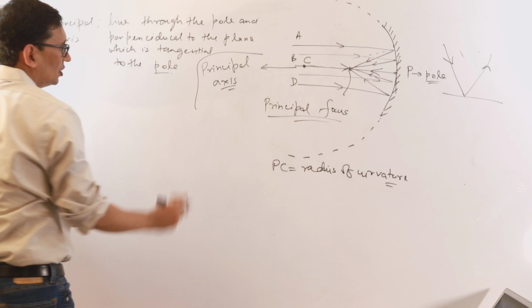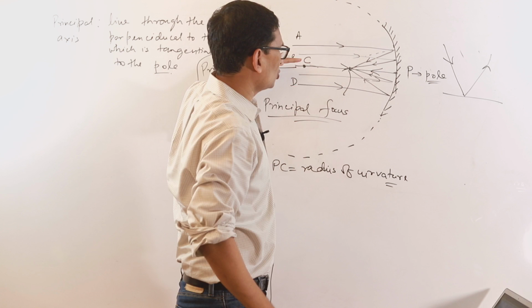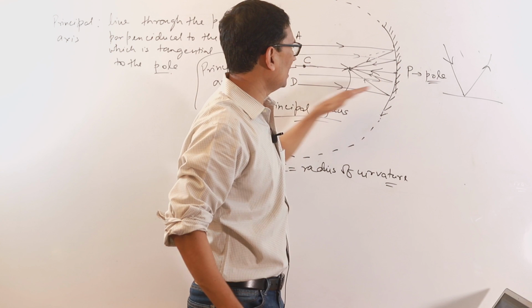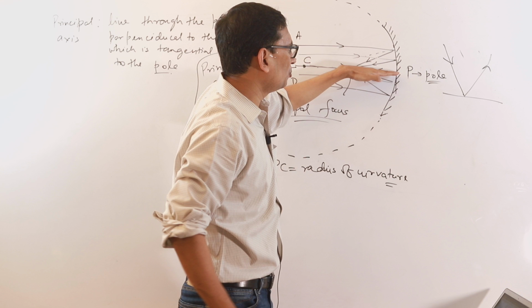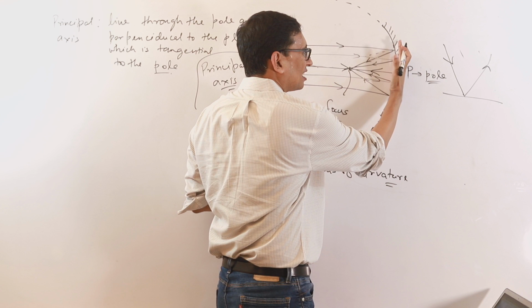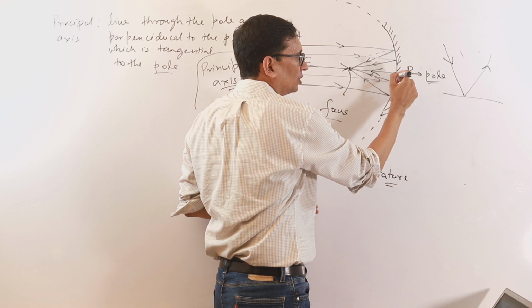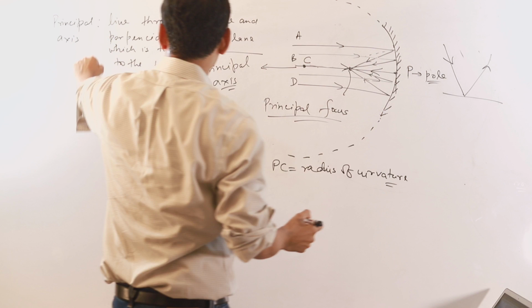Here through this pole this is one ray, I can have many lines going through this, right? So the line which goes to the pole and is perpendicular to the surface at this point, perpendicular to the plane which is tangential to the surface at this point, this is your principal axis, right?